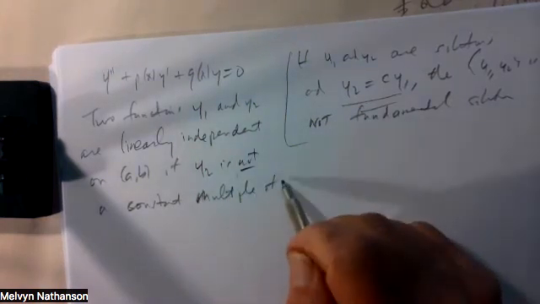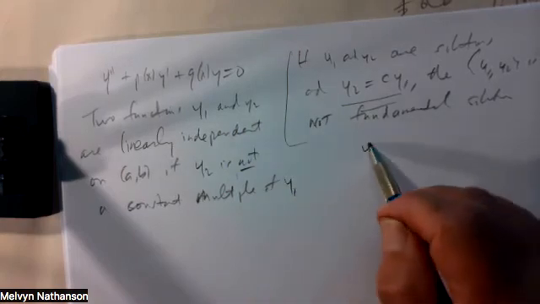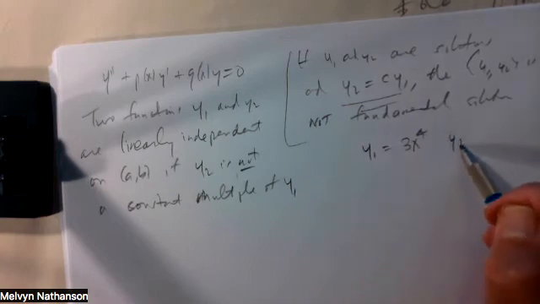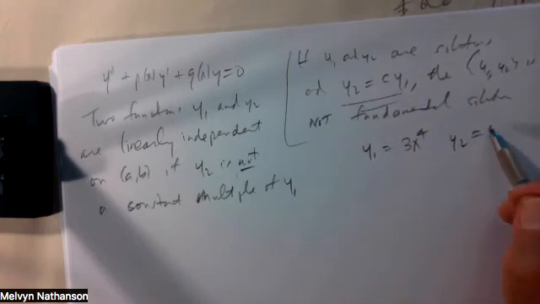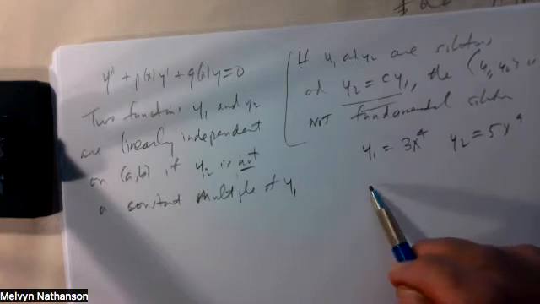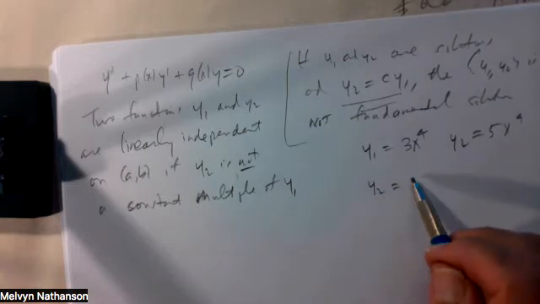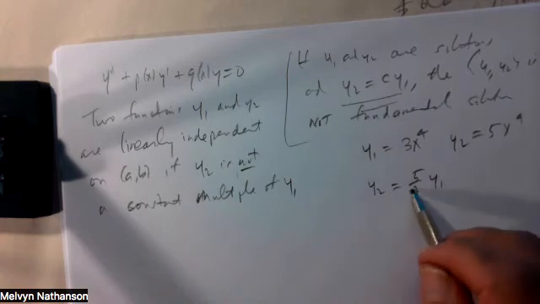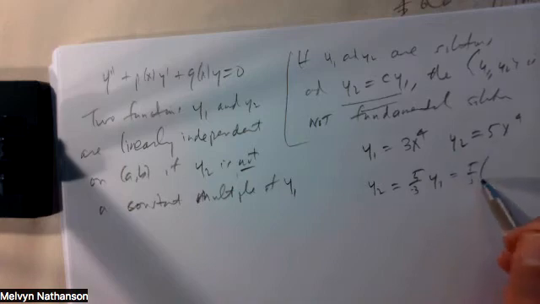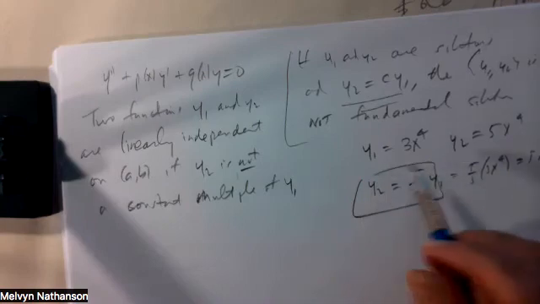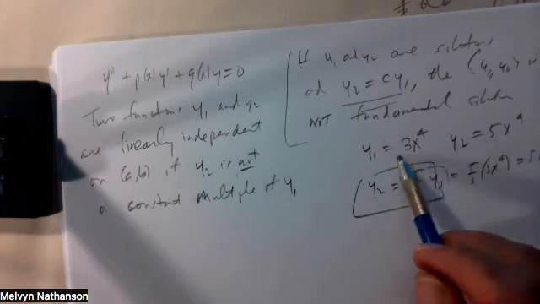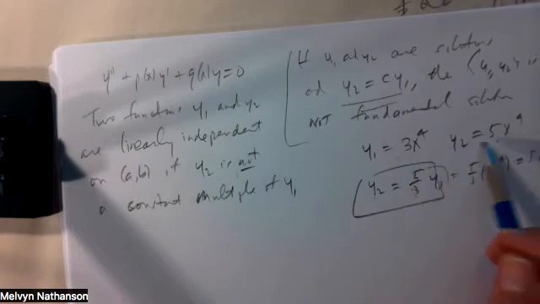So for example, if you had y1 equal 3x to the fourth and y2 equals 5x to the fourth, then y2 is 5/3 times y1, because 5/3 times 3x to the fourth is 5x to the fourth. So here, y2 is a constant multiple of y1. So these two functions are not linearly independent.